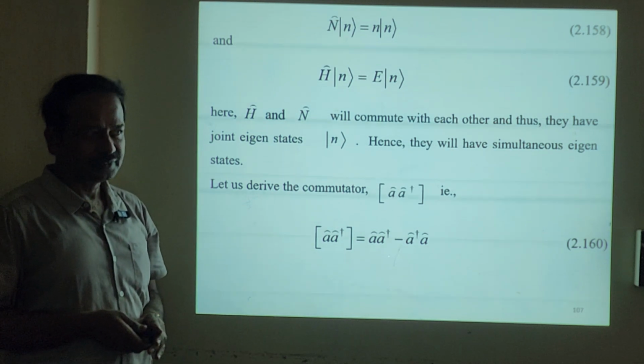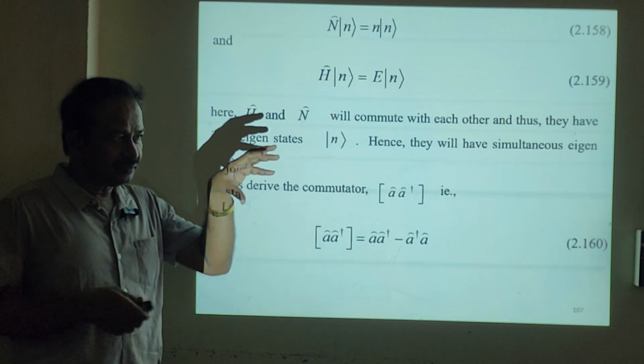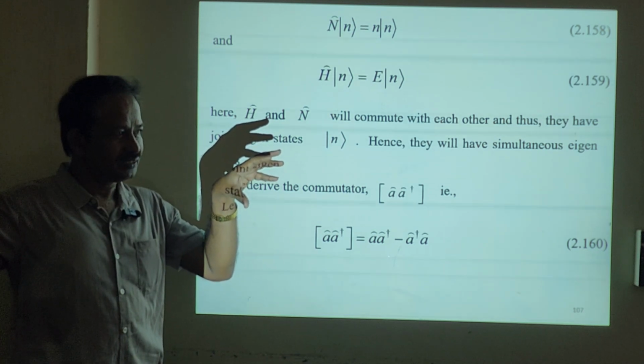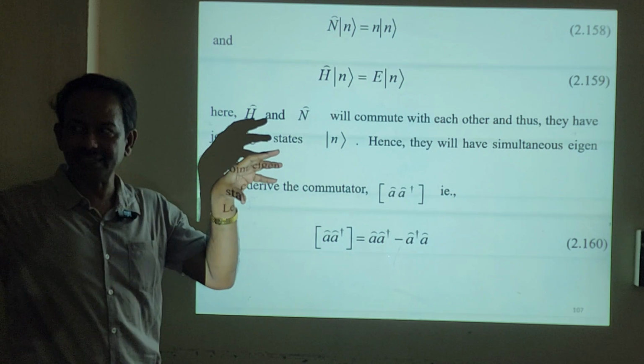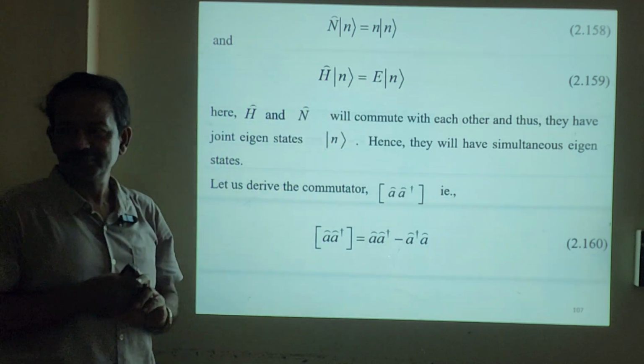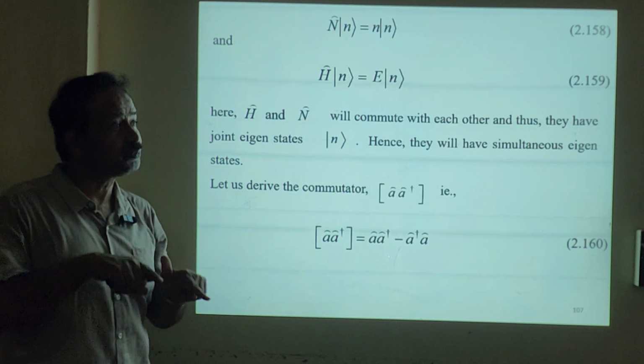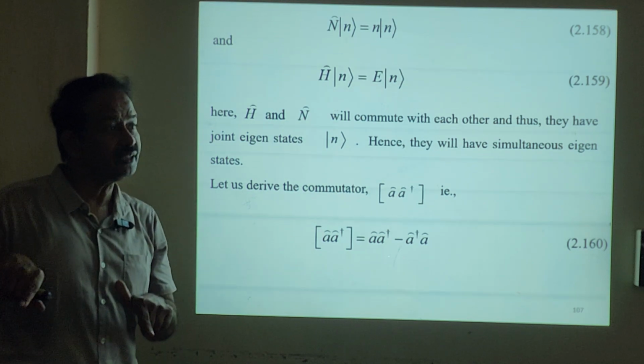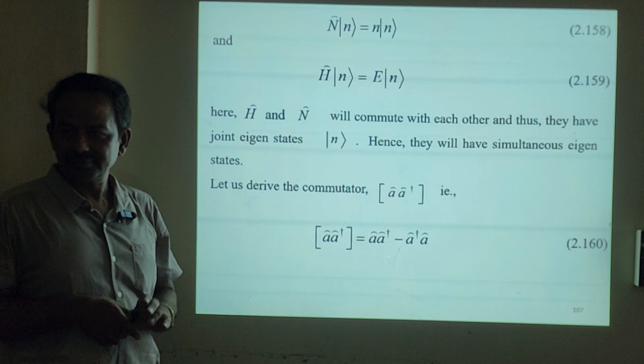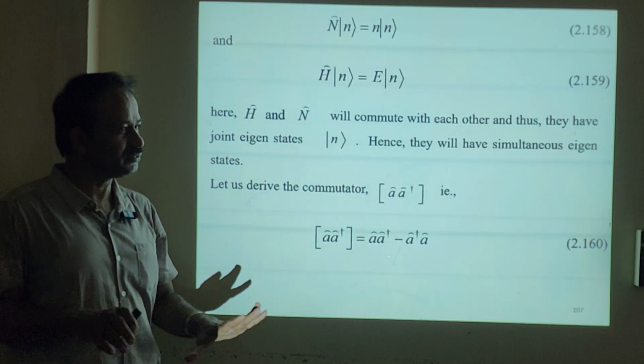Is it okay? So for a particular N, we can measure H, the Hamiltonian operator. We will get the eigenenergy for a particular N simultaneously at the same time, because they commute with each other, because they will have common eigenstates, eigenfunctions. Okay, is it okay?